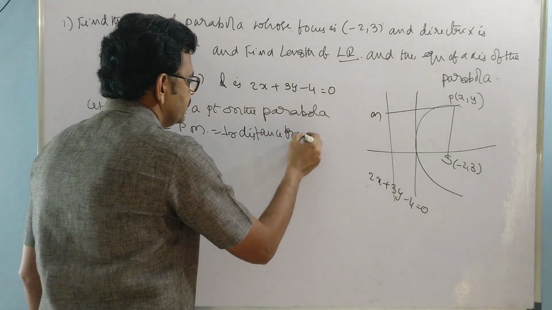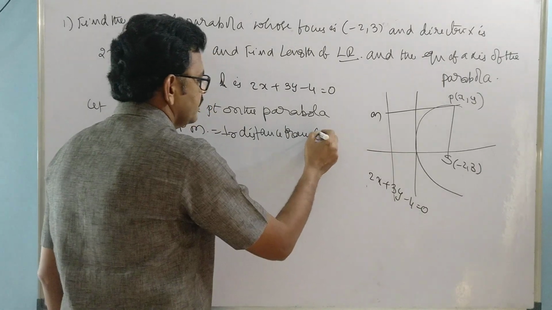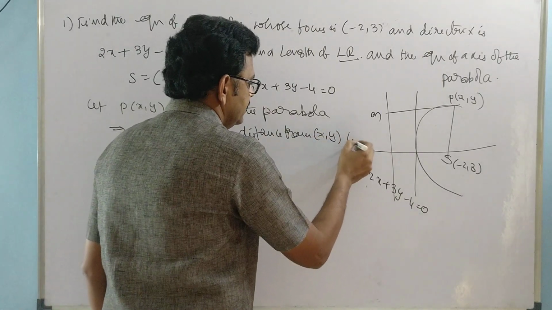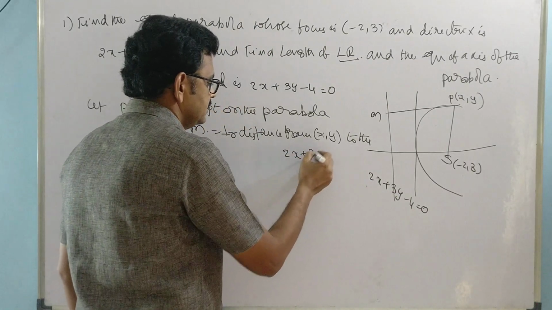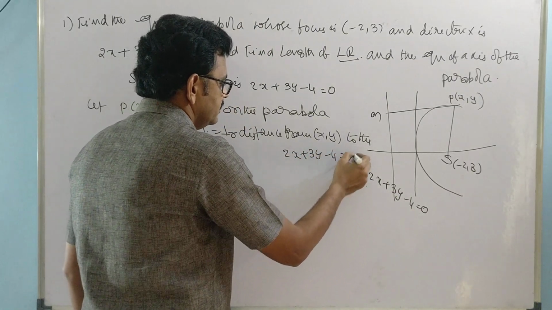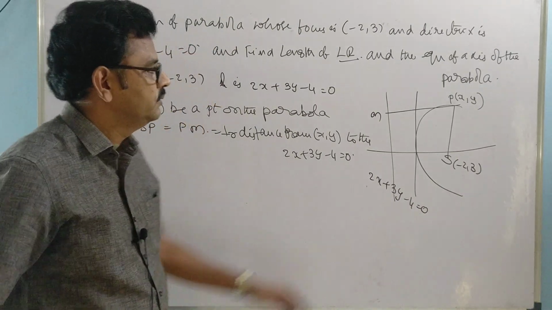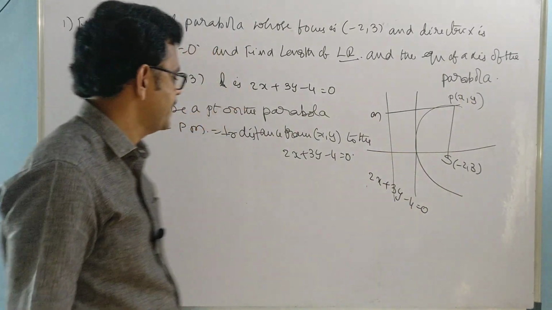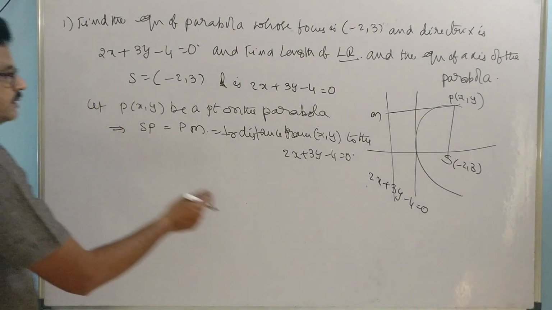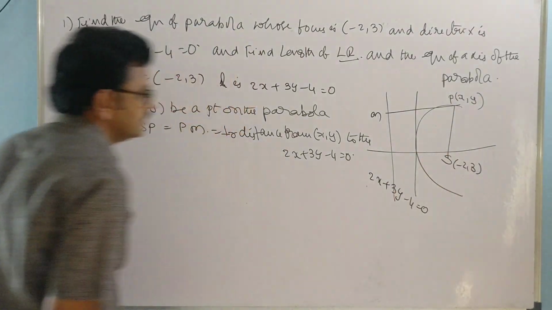Perpendicular distance from the point (x, y) to the directrix 2x + 3y - 4 = 0. In general, you can take the point as (x1, y1), or simply as (x, y). What does SP mean? The distance between these two points.